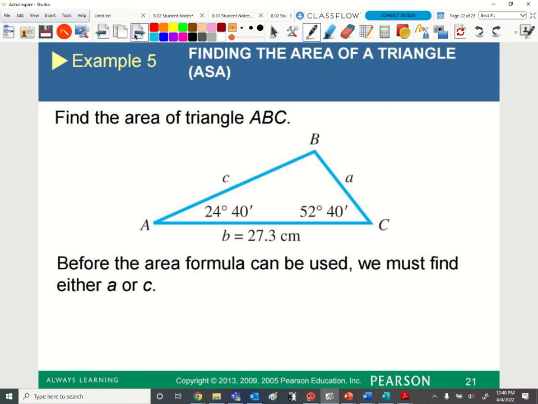So I need to solve for one of these, either A or C. The reason why I say A or C and not B is because if I found B, I would need little a and little c, right? Because it's always ABC, isn't it? So the formula for that would be 1/2 little a, little c, sine big B. But the problem is I don't know that, I don't know that, and I don't know that. So why make more work for yourself? Don't make more work for yourself. So we could use big A or big C to do this.